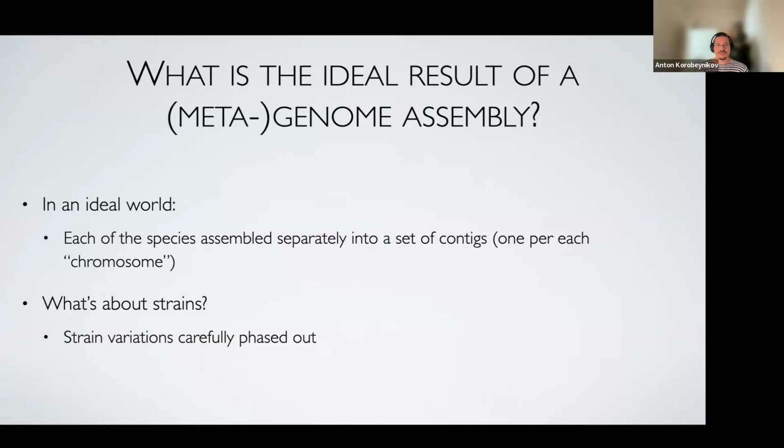In an ideal world, we want each species assembled separately into a set of contigs, ideally one long contig per chromosome. And if we have multiple strains, we definitely want all strain variations carefully phased out.